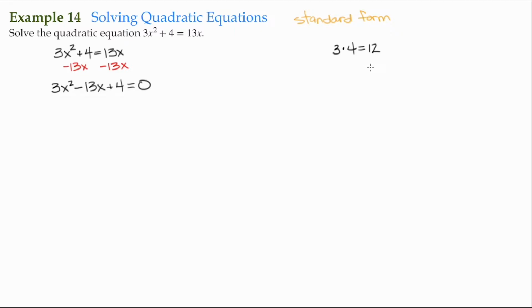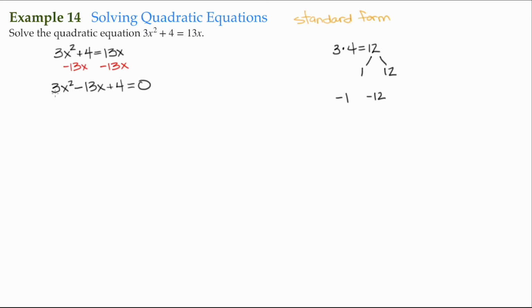And in this case, they both have to be negative because when I add them together, the result's going to be negative. So a simple factor, if you haven't spotted it already, would be 1 and 12. And considering that they would both be negative, negative 1 and negative 12 have got to be the factors, because negative 1 times negative 12 is 12, and negative 1 minus 12 is negative 13. So these are the factors.